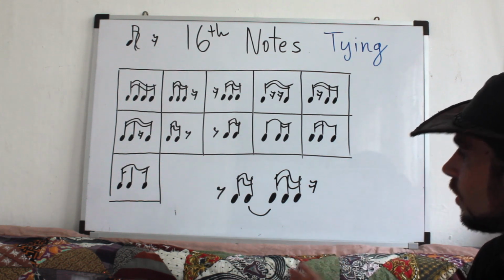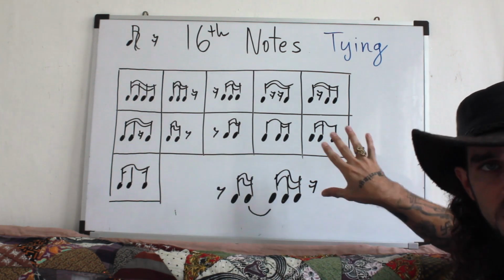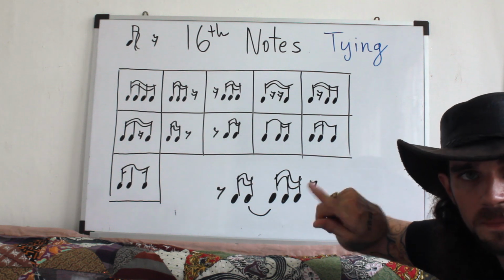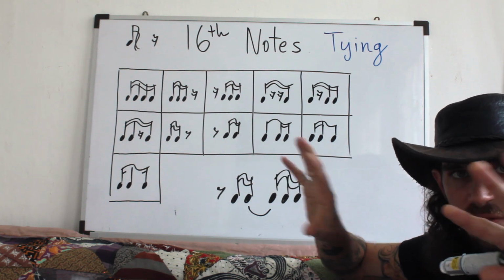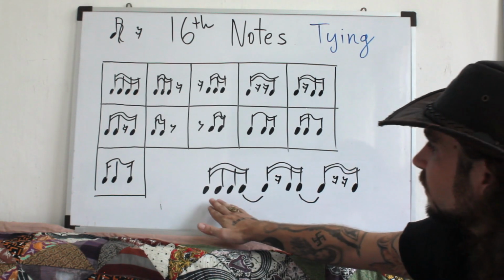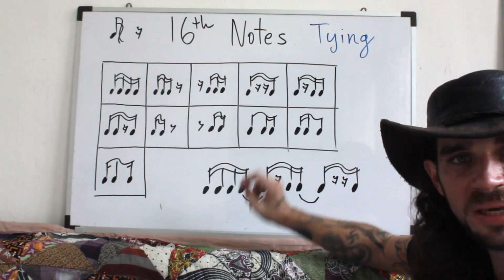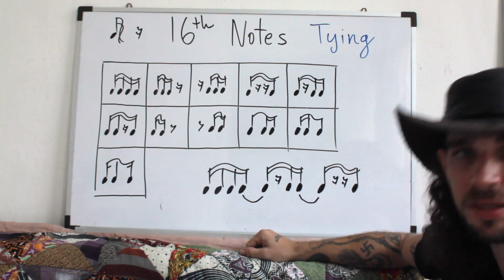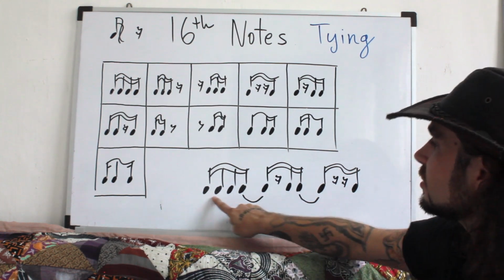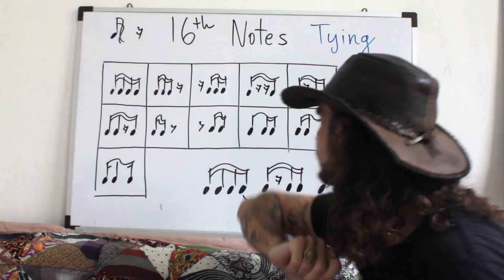Let's try one more, but let's link 3 cliches together, tying all 3 together. Yeah. So here we have 3 16th note 1 beat cliches tied together. So you can see this one here is our first one.